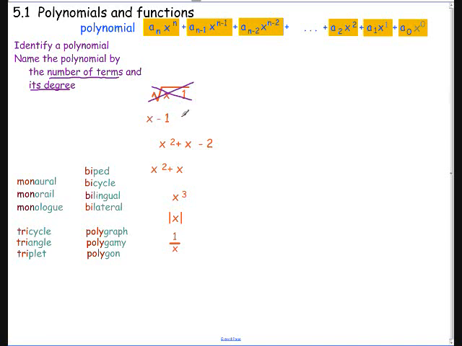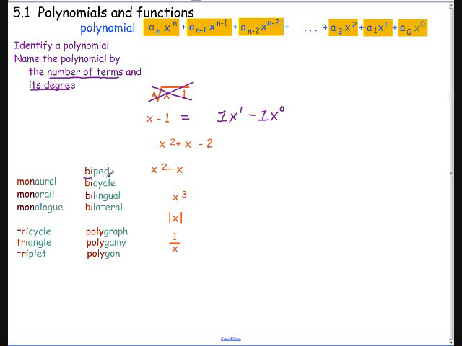Let's think about it. We could write that as 1 times x to the first power minus 1 times x to the 0 power, couldn't we? So yes, it is a polynomial. The number of terms it has is 2 terms.